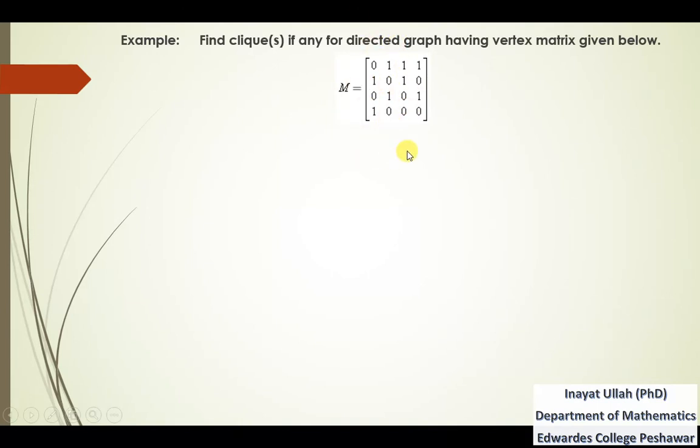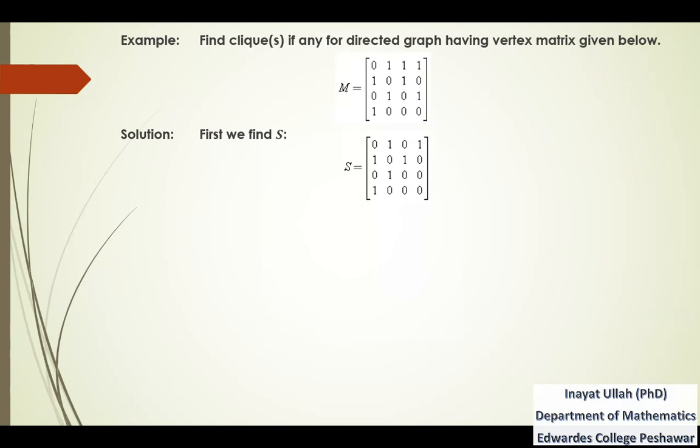We need to find the cliques for this kind of directed graph. In order to find cliques, we need to find the matrix S. So how could we find the S matrix?